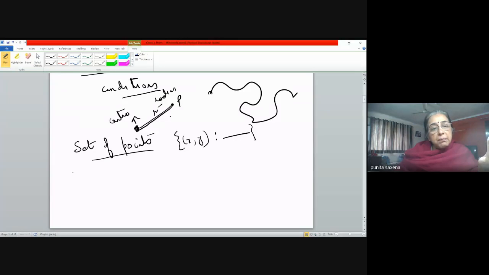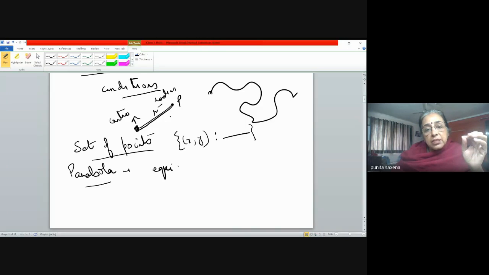ठीक है. अब जैसे पैराबोला के लिए तुम कह रहे हो, if I say, okay, let's talk of parabolas here, you are saying that it remains equidistant. ठीक है. कहां से?